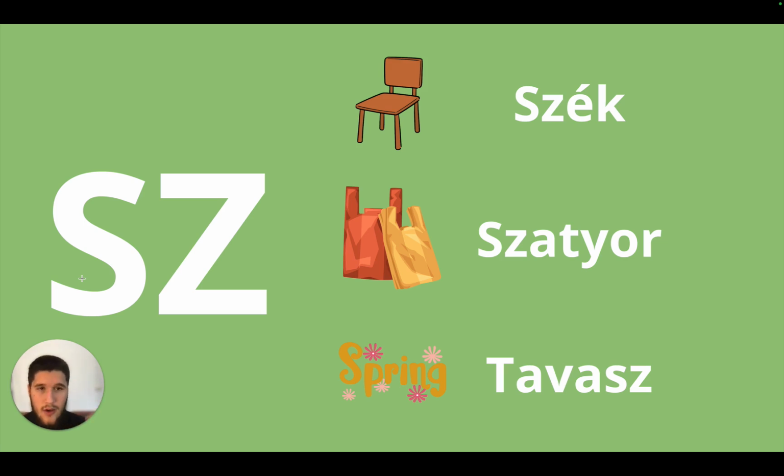Like in shake, shoot, and that makes up a sh sound. And then the single-digit one, S, is pronounced as S, which is the exact opposite of Hungarian. So, Sz. Szék. Szatyor. Tavasz.